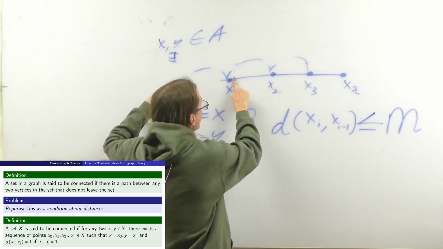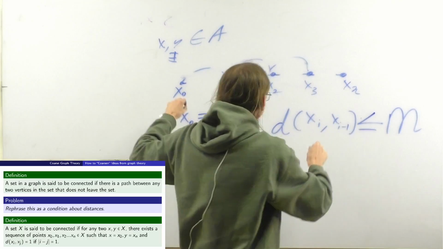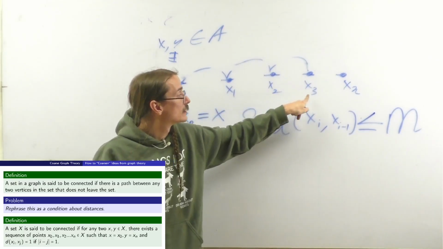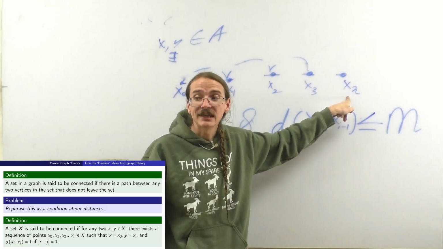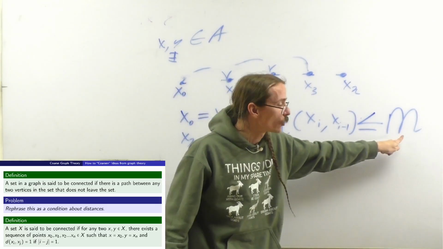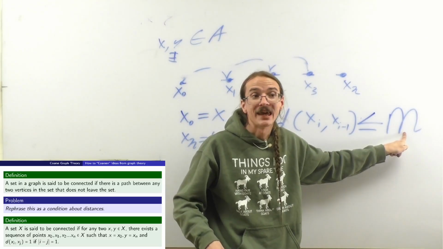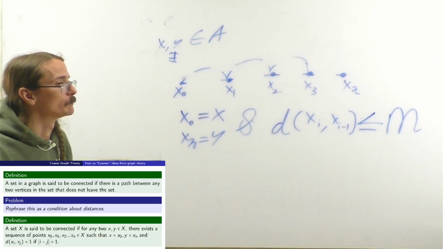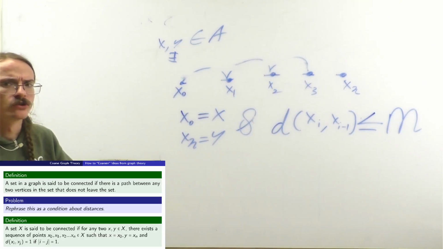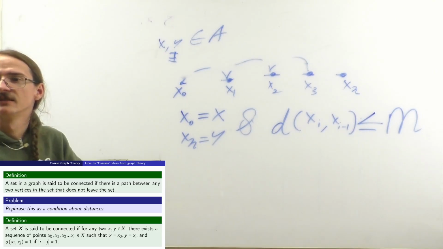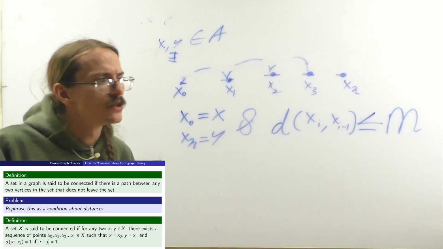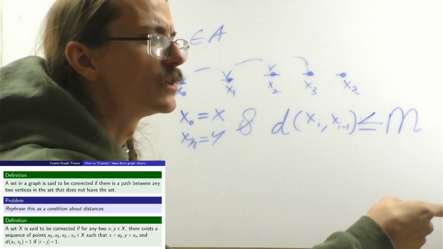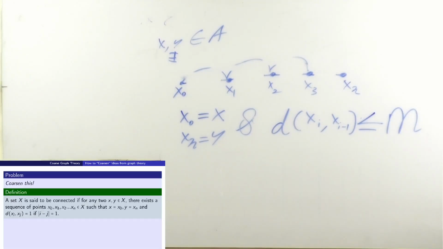Maybe they're not connected by edges, but they're all in the set, and going from one to the next, to the next, each hop is no more than the distance we fix in the beginning, m. Each hop is at most m. That's what we mean by an M-connected set. Okay, neat? That's the definition there. Then it should on the next slide have it in exactly this M notation.